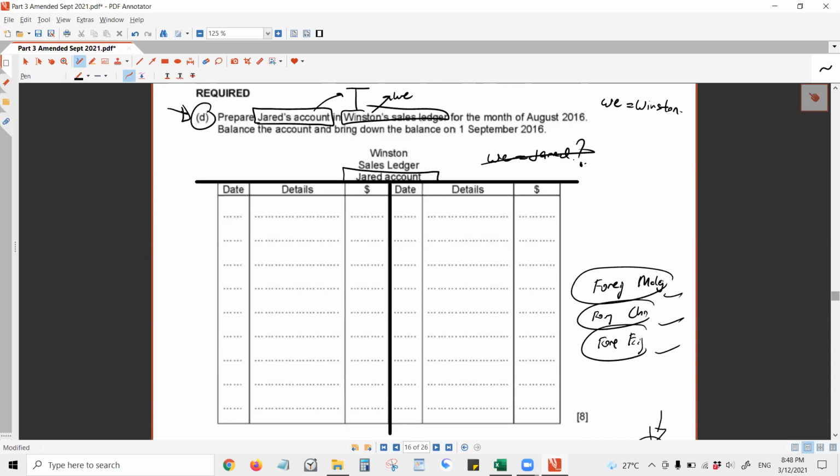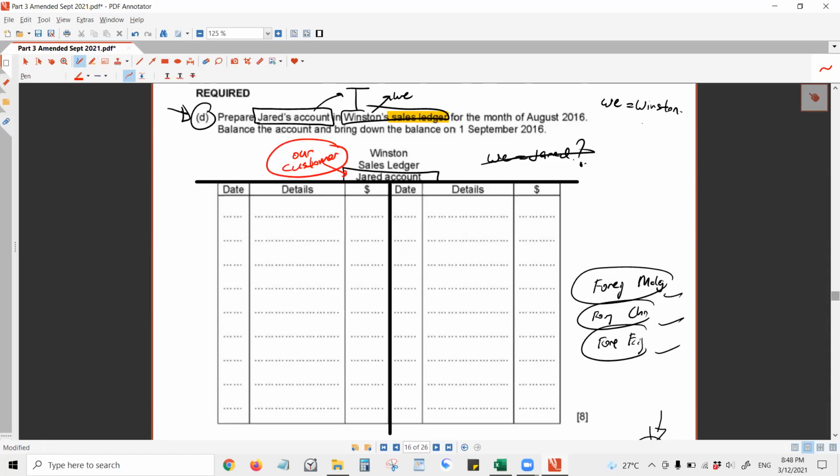So who is Jared to us? You can get the hint from here: sales ledger. Remember the book ledger that has 3 sections? One is the sales ledger, another is the purchases ledger, and lastly the nominal ledger. Sales ledger contains all the customers' accounts. Therefore, Jared is our customer.